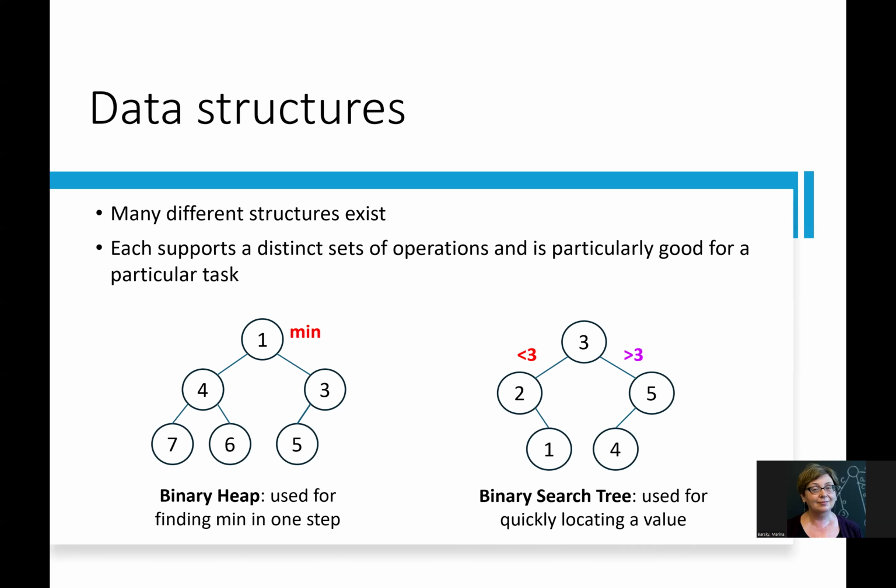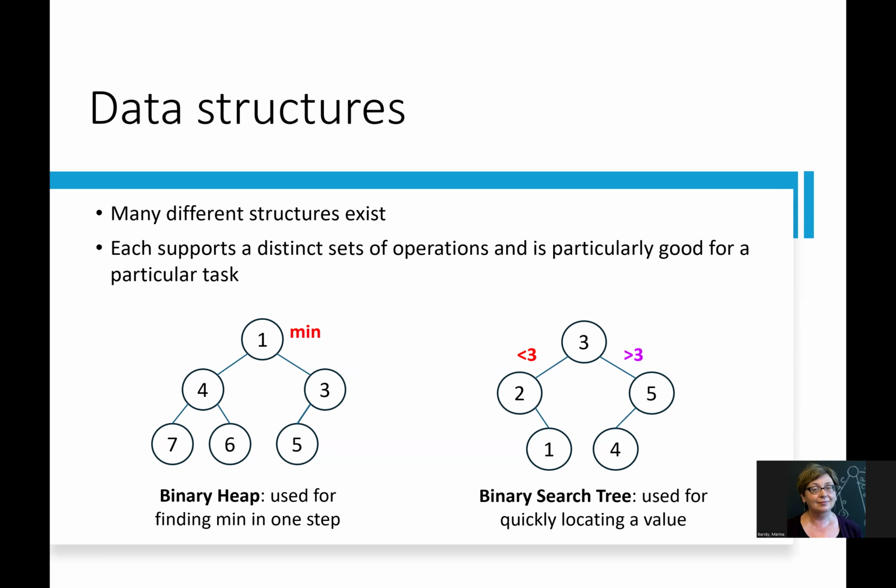Is there a perfect data structure, a super data structure that is the best for any task? The answer is no. Each data structure is optimized for a particular task. That's why there are so many different data structures, and one of our goals is to learn which data structures to use and when.